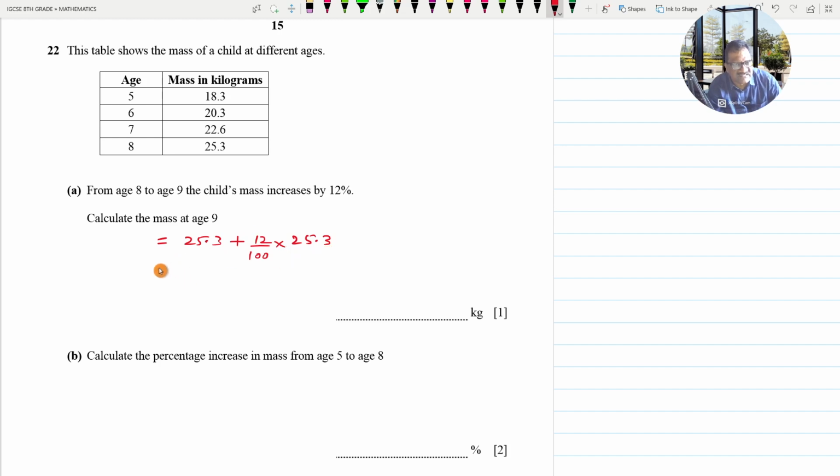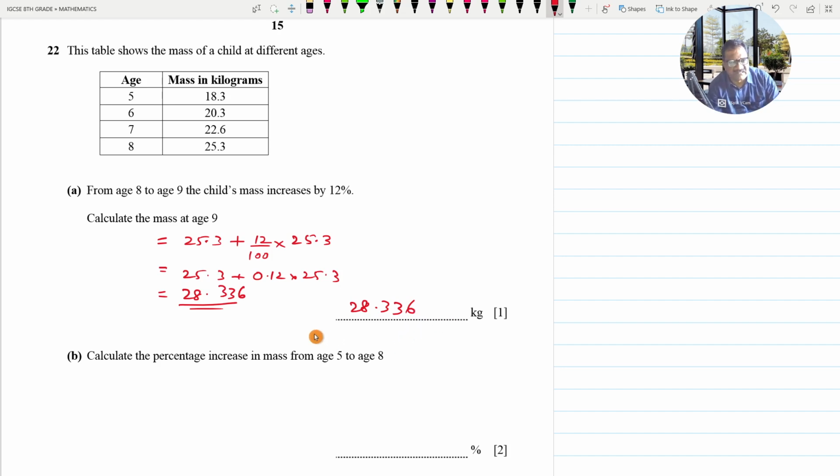So this calculation you have to do. So 25.3 plus this you can write as 0.12 into 25.3, and if you work this out, it should come out to 28.336. Okay, so the answer is 28.336 kg. Is that clear?